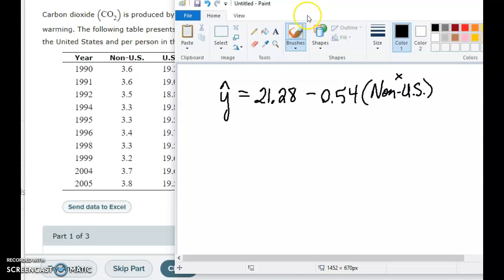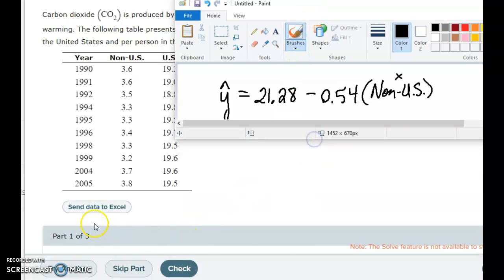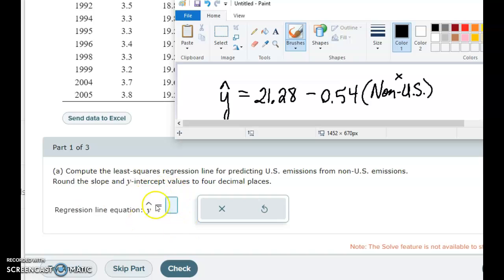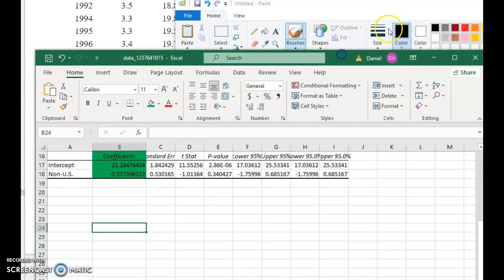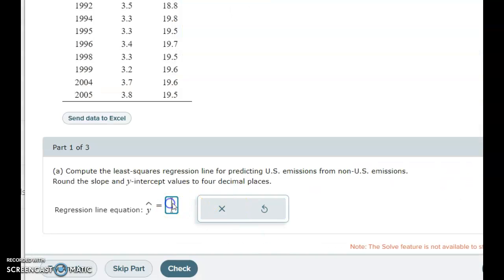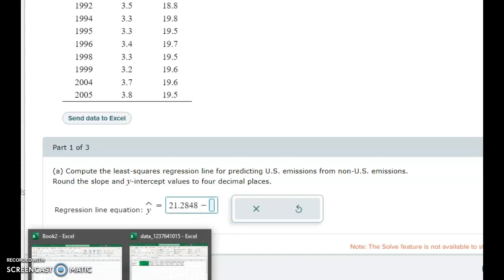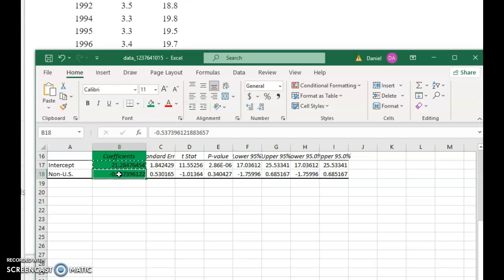So notice they're using the y hat here. Oh, and they said 4 decimal places, unfortunately, which means I'm going to have to go back here and grab that to 4 places. Well, maybe I'll just cut and paste it. So this is my intercept, and then I can round that to 4 places, and then minus, and we need that other number right here.